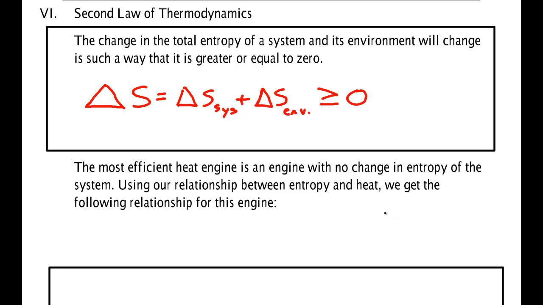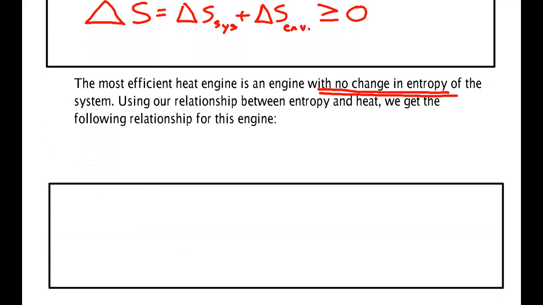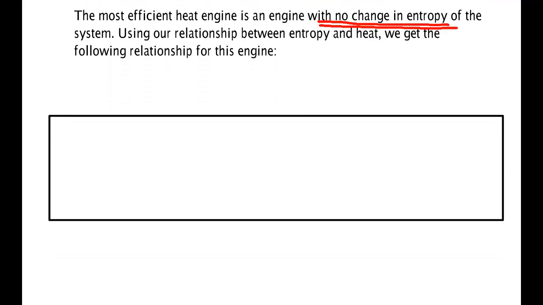Now, the most efficient heat engine we have is a heat engine with no change in entropy, the Carnot cycle. And using our requirement up here about Q, let's put that into this equation here, and we see that the efficiency, we said earlier, was QH minus QC over QH.